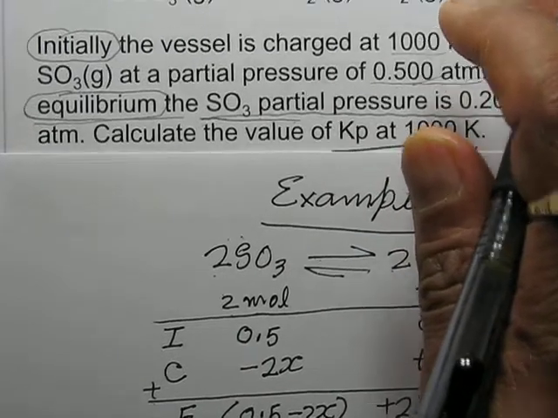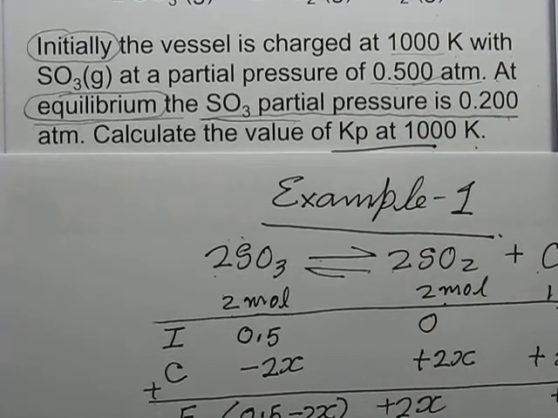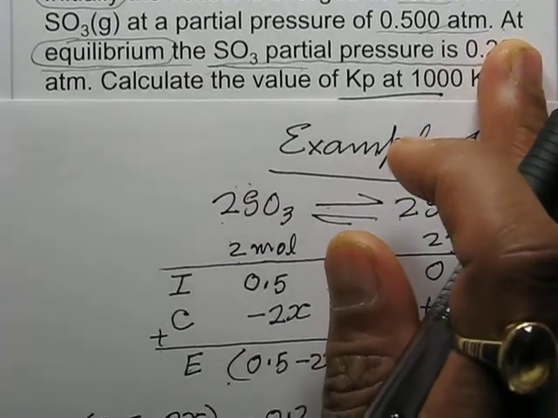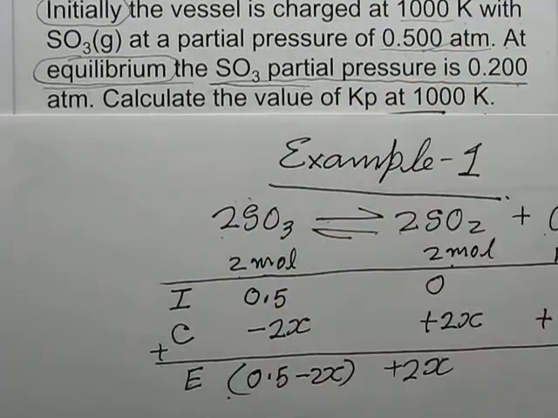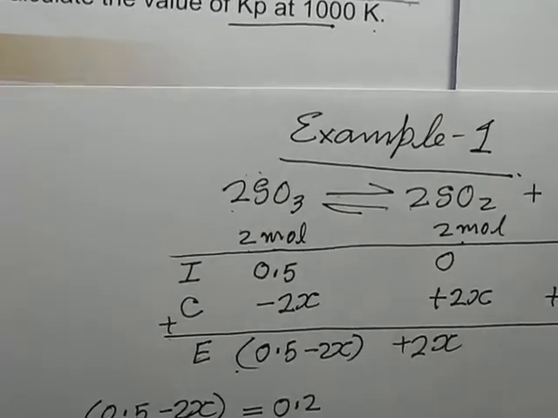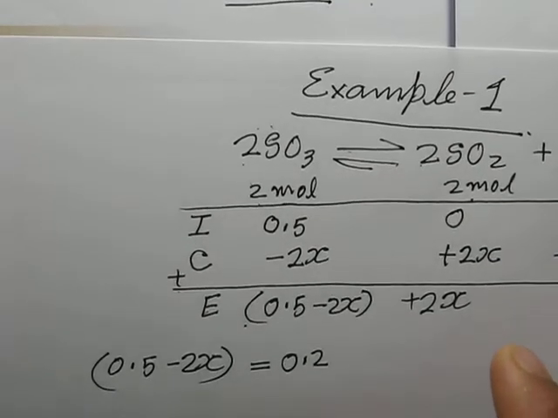They have given the SO3 partial pressure at equilibrium, which is 0.2 atmosphere, right? So now from here we can calculate the x value.